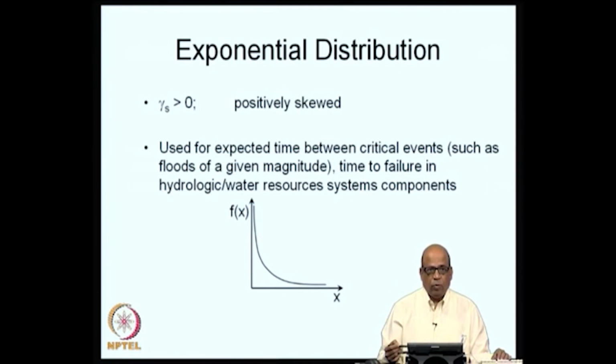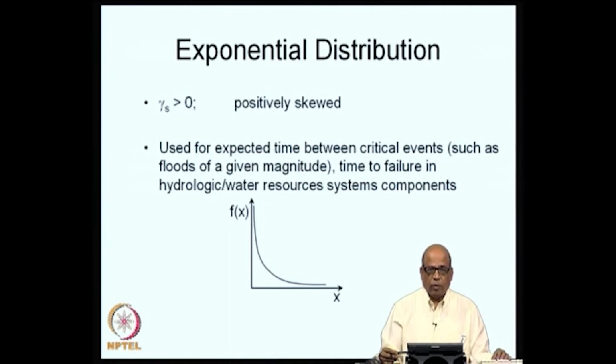As I said, it is used mostly for the expected time between critical events or time to failure in hydrologic water resource systems components. Classically, it is also used in industrial applications for time to failure of critical components, that is physical failure we will be talking about there.